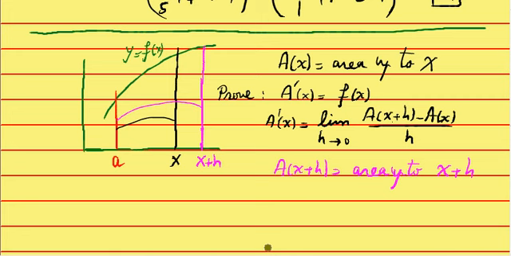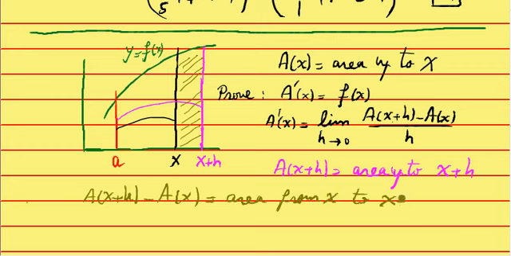Obviously I'm going to get the area from x to x plus h. So the numerator here, A of x plus h minus A of x, is the area from x to x plus h.